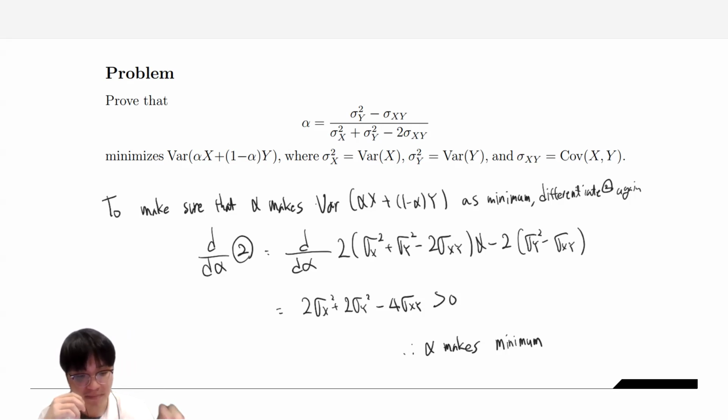This value is always positive because it is equivalent to the variance of the difference between the two vectors, the variance of x minus y. So this is always bigger than 0. So this alpha makes the minimum. This is the value that makes the variance of alpha x plus 1 minus alpha y a minimum.